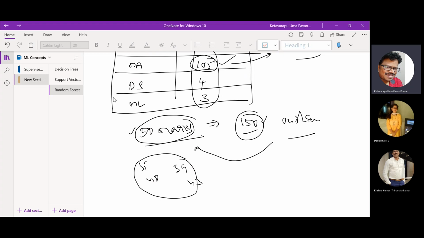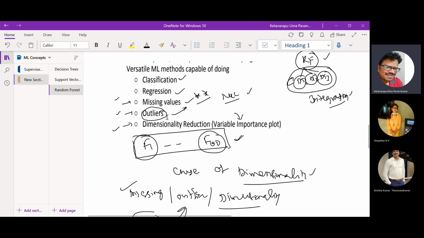If 150 is given as a mistake, that is an outlier. Outliers are nothing but faulty values. Those kinds of things can be handled by random forest.